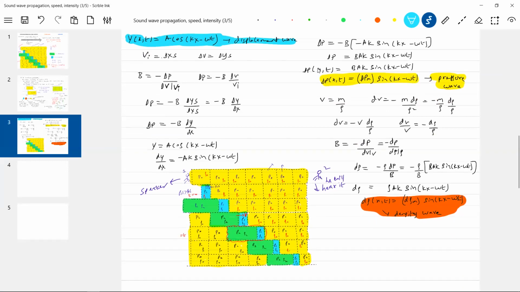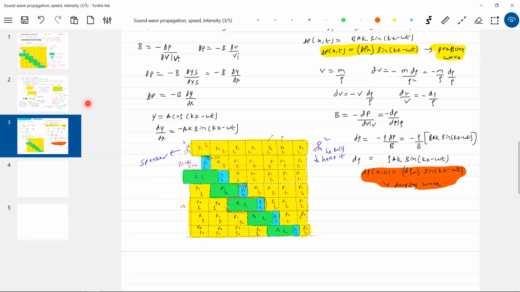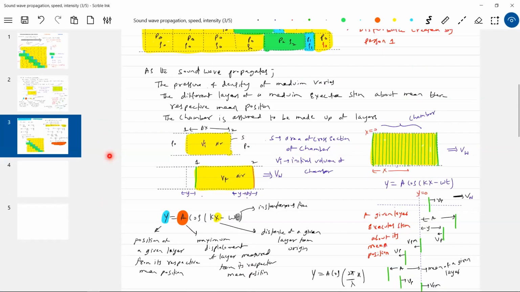How to predict the pressure? It's telling that now, sir, you wrote P1, but here you're writing delta P. Pressure at all points will not be P1, because the different layers differ. So the chamber we constructed, I have to bring the chamber also.